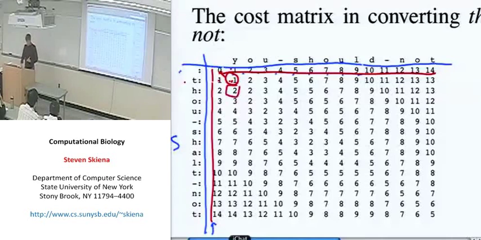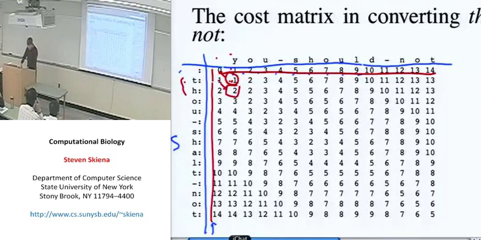Why is this element 2? What is the cost of editing TH into a Y? Well, I claim I've got 3 possibilities. I could take the cost of editing a T into an empty string and then pay the cost of the substitution. That's 1 plus 1, right?